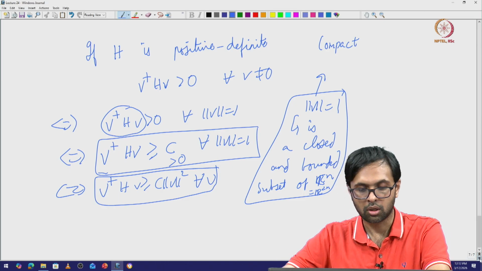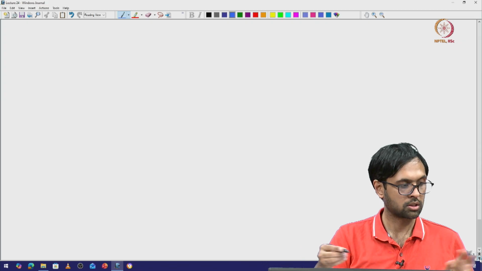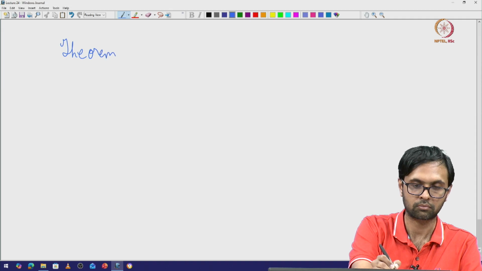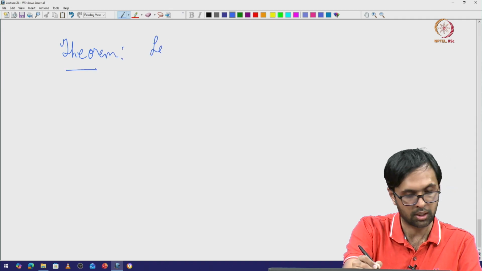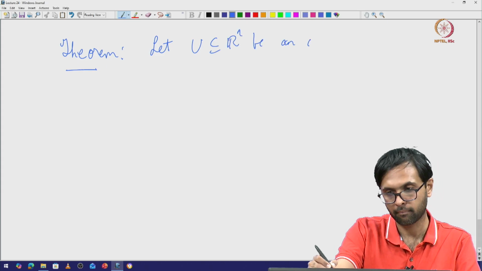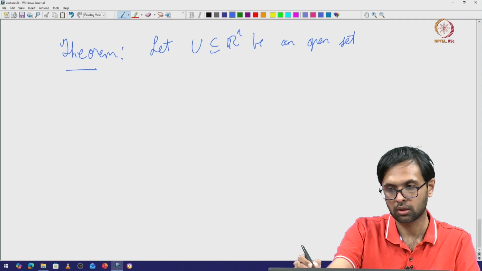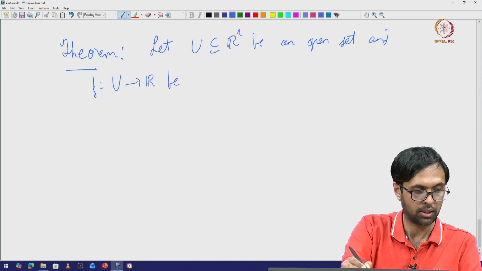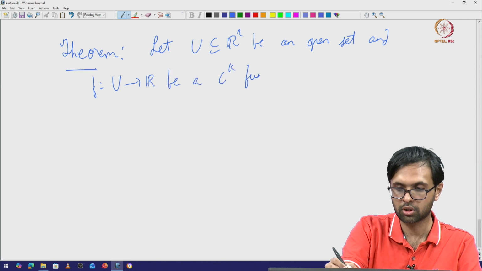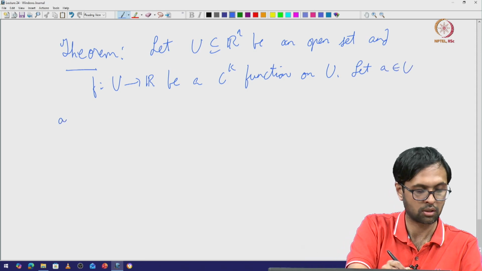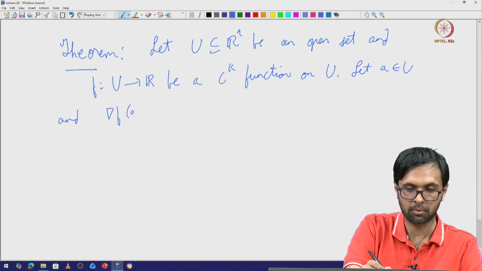Okay, so what can we do with this? So here is the statement of the second derivative test. The theorem is, let U be an open set, and f from U to R be a C^k function on U. Let A belong to U and gradient of f of A be 0.